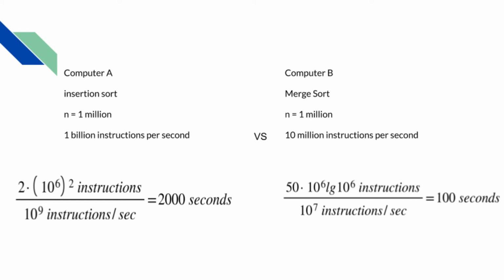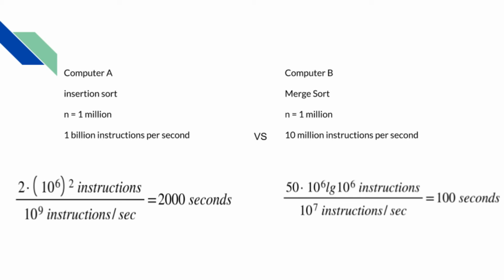Merge sort, on the other hand, is programmed for computer B by an average programmer using a high-level language with an inefficient compiler, with the resulting code taking 50n log n instructions, so that C2 is equal to 50. To sort 1 million numbers, computer A takes 2000 seconds, while computer B takes 1000 seconds.